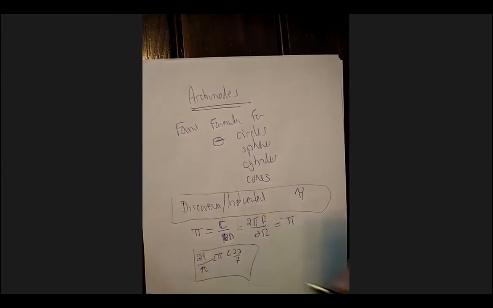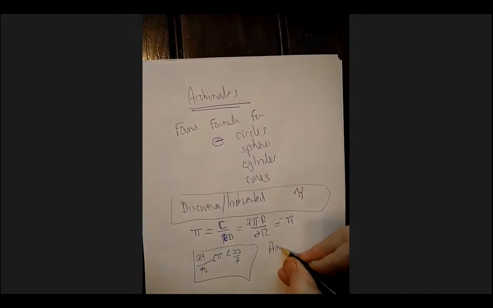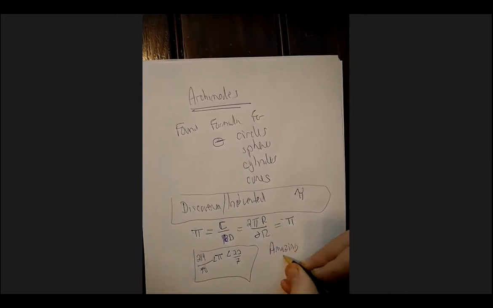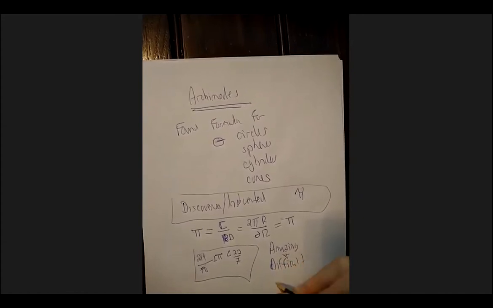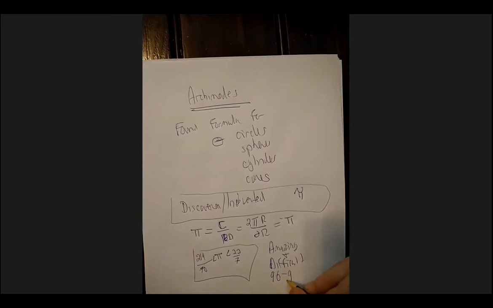I don't think it was 219 over 70, but it was close. And it's an amazing, difficult computation. He used a 96-gon for his computation.